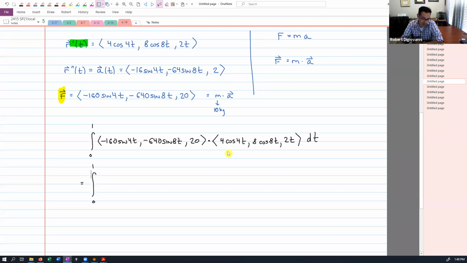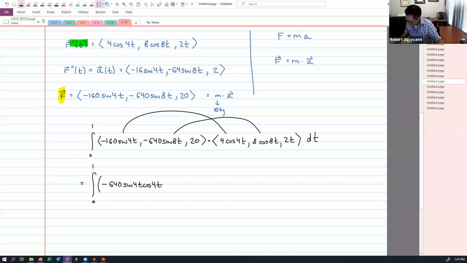Negative 640 sine 4t cosine 4t. Then plus these two multiplied, which gives a negative, so minus 5120 sine 8t cosine 8t. And the last one should be plus 40t, dt.